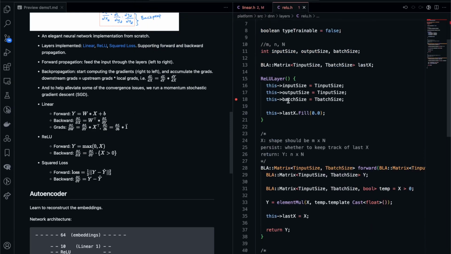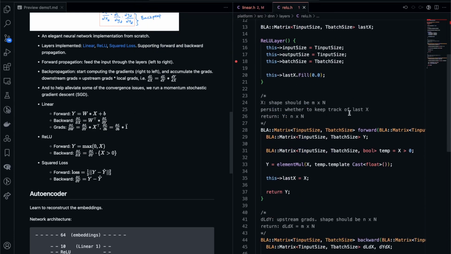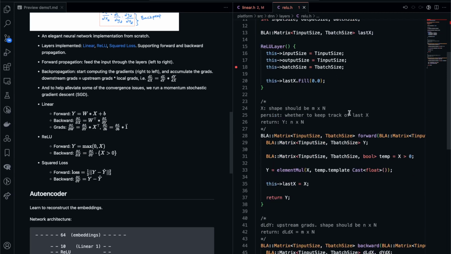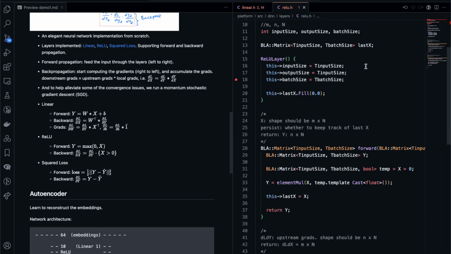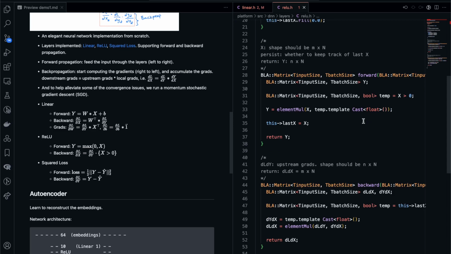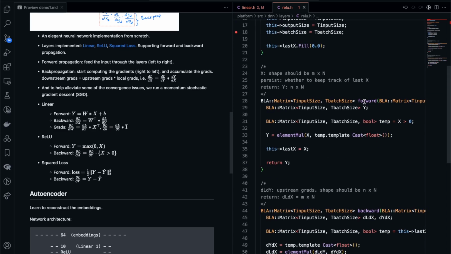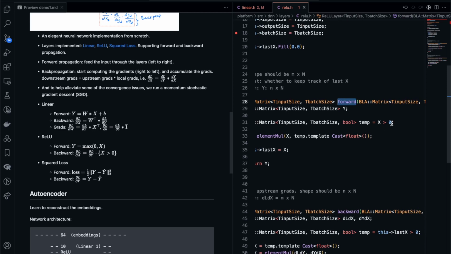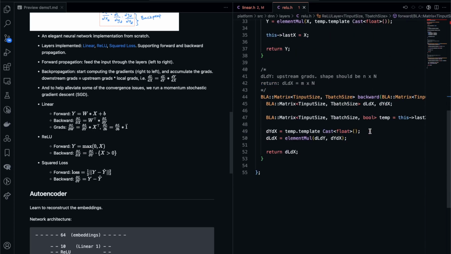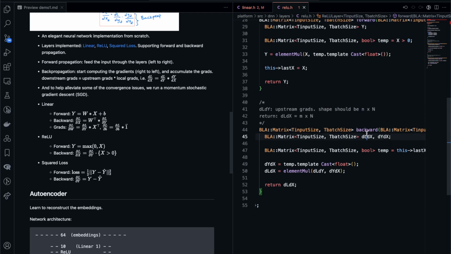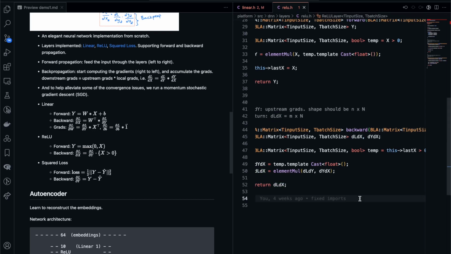Similarly, there's the ReLU layer, which is not a trainable one, but it just activates the inputs. So the forward is just the max of 0, x, and the backward would be the upstream gradients times the local gradients.